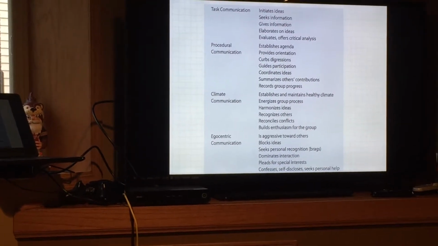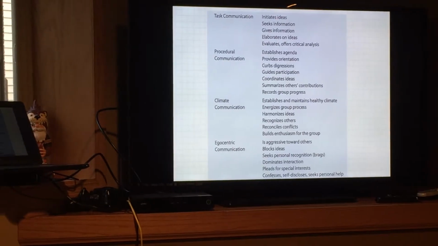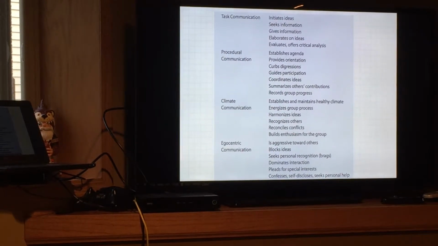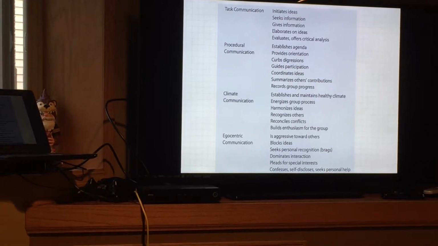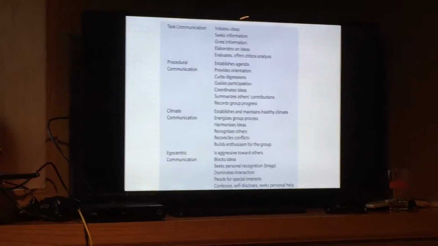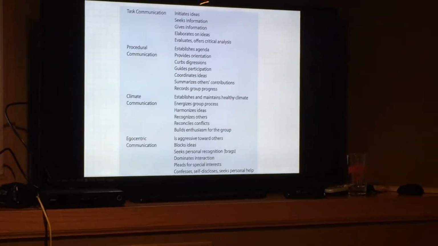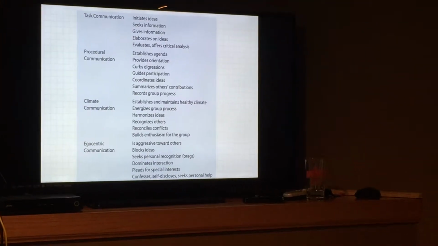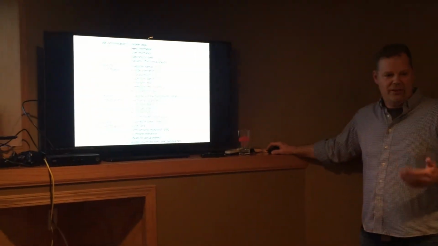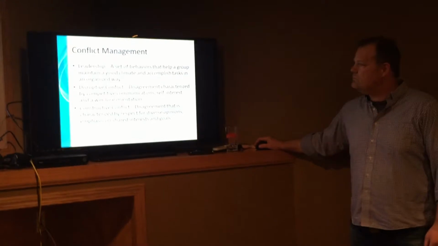You never want to see anybody being aggressive toward somebody, blocking ideas, just shunning them away, seeking personal recognition or bragging, dominating interaction, or pleading for their own special interests, right? So being very egocentric is not a good way to communicate in a group.